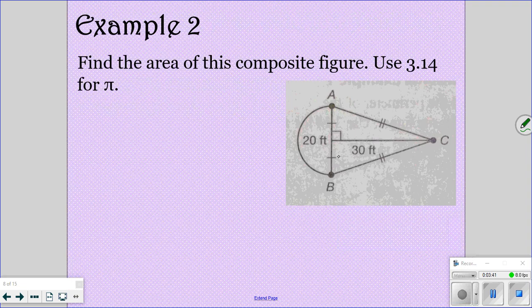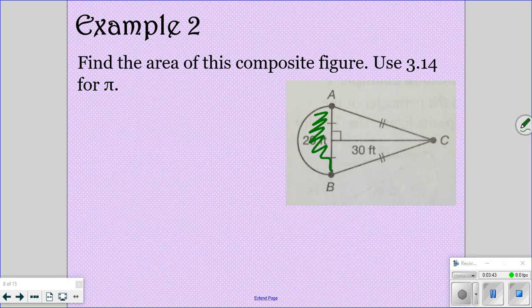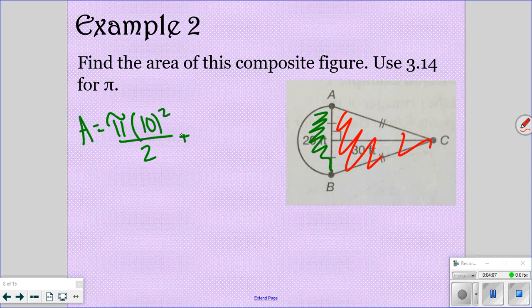So I'm going to start off with the semicircle here. The area for a semicircle is going to be pi r squared. So it tells you that the diameter is 20. So that means that the radius is going to be 10. And then you're going to divide it by 2 because it's a semicircle. Then we're going to find the area of the triangle, which is going to be here. So 1/2, the base length here is 20 and the height is 30.